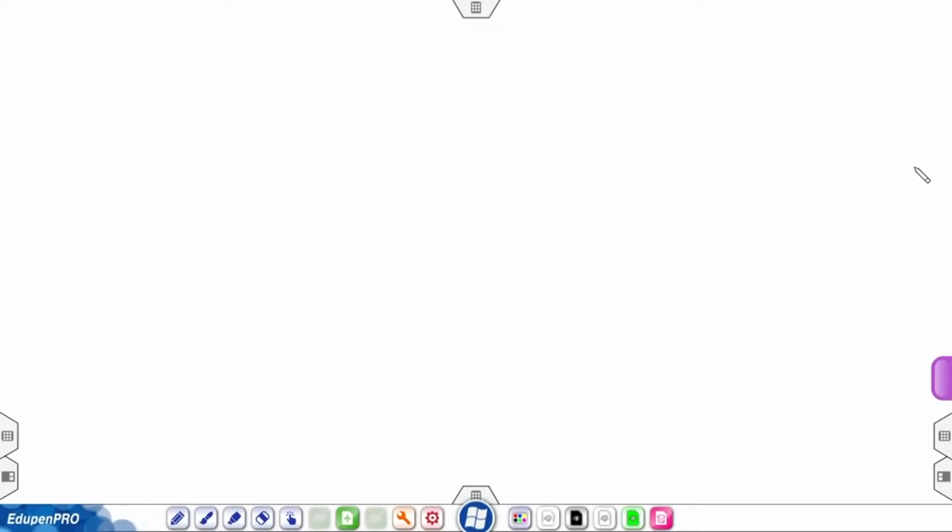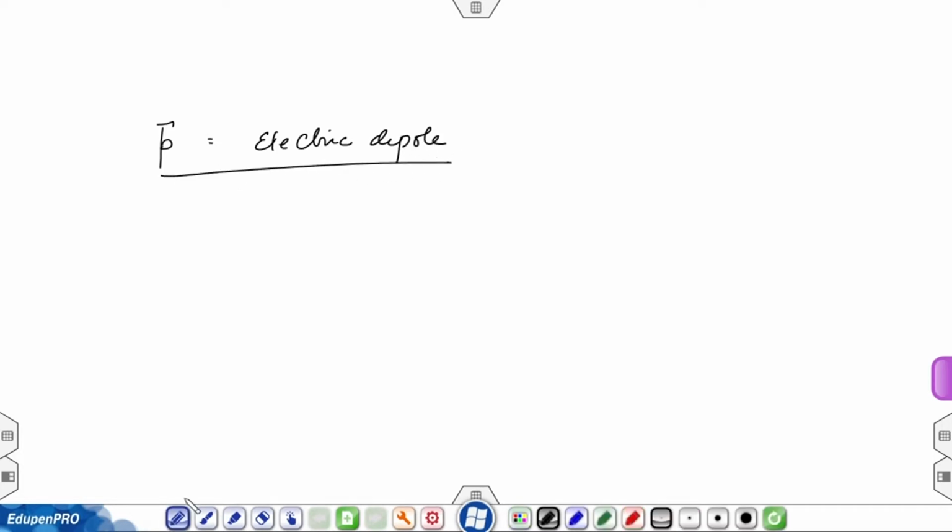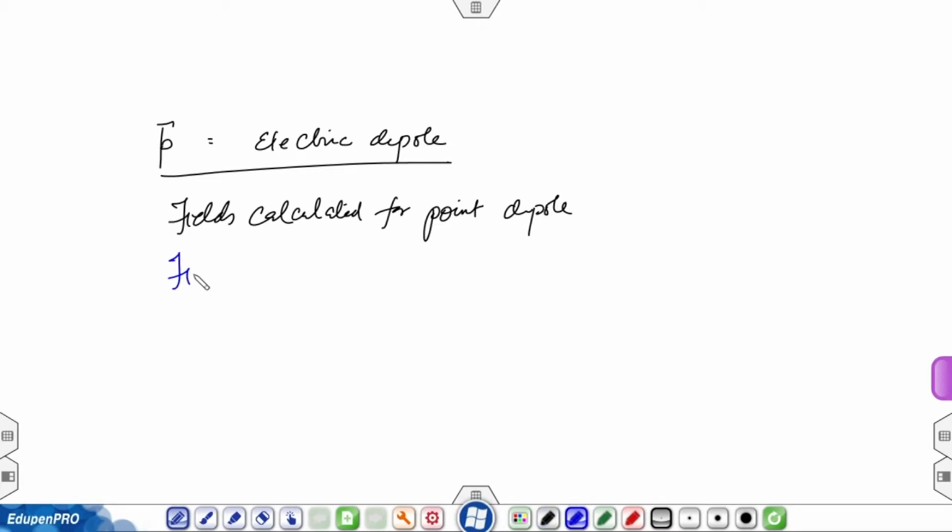In the past week and the previous lecture, we have calculated the radiation fields corresponding to electric dipoles. So, P being electric dipole, we had fields calculated for point dipole, and continuing along the same line, we also had fields calculated for thin wire antenna.